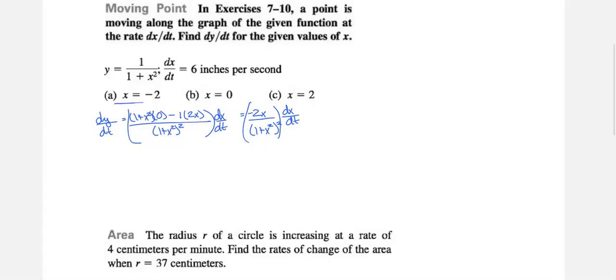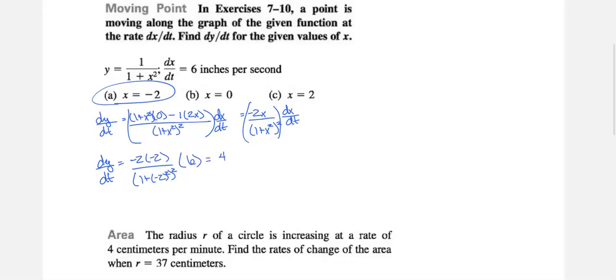So we want to know what's happening at x equals negative 2. So when this x coordinate is at negative 2, the x is changing at this constant rate, but we want to know what's happening to y. So dy over dt, and we're going to plug in negative 2 in here. dx over dt is 6.